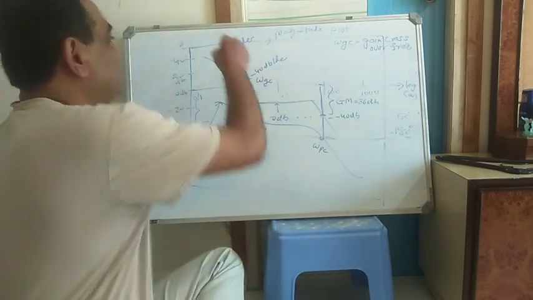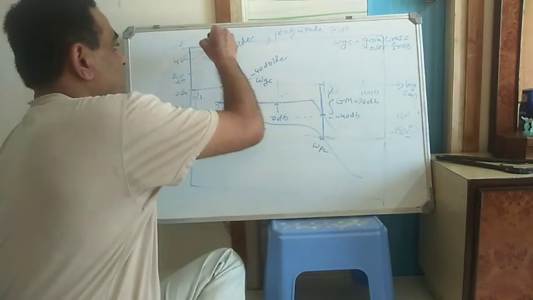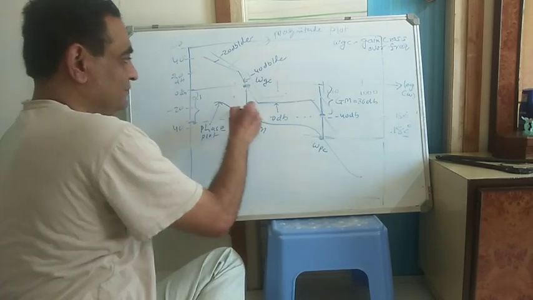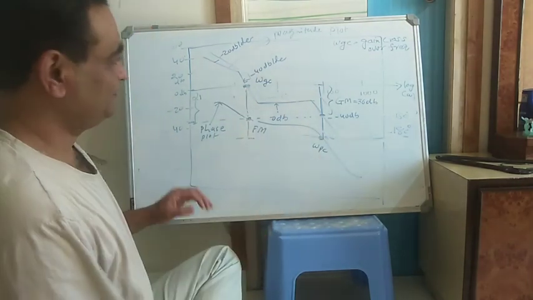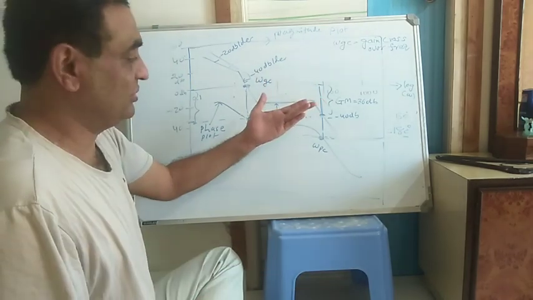Let's say it moves up, then this is the plot. If it is moving down, something like this.